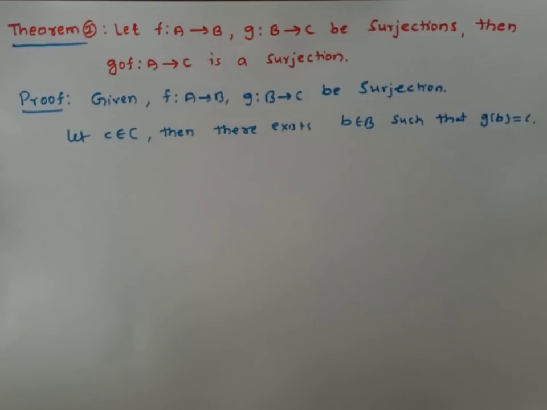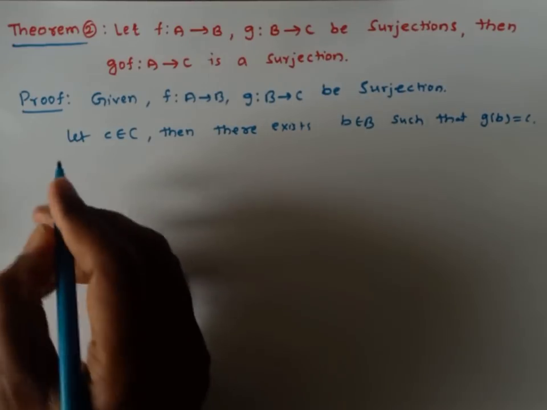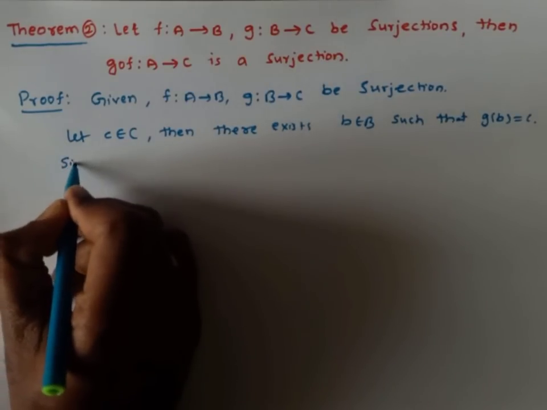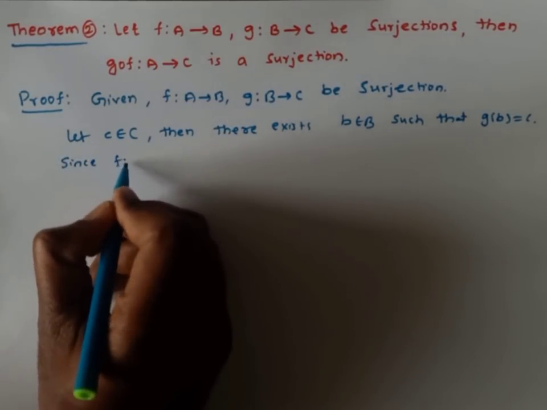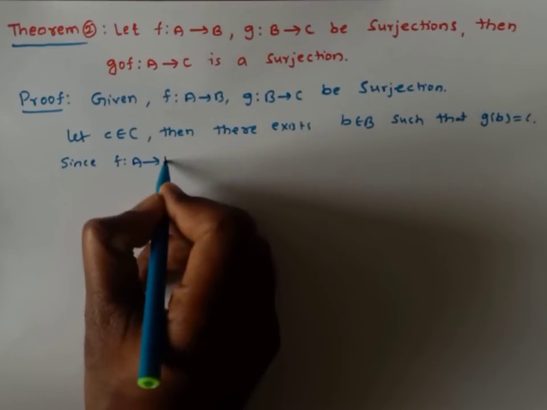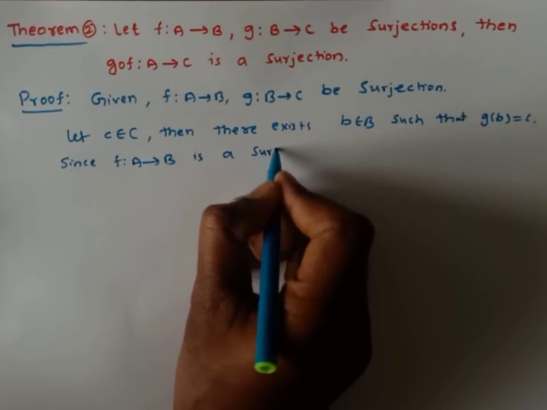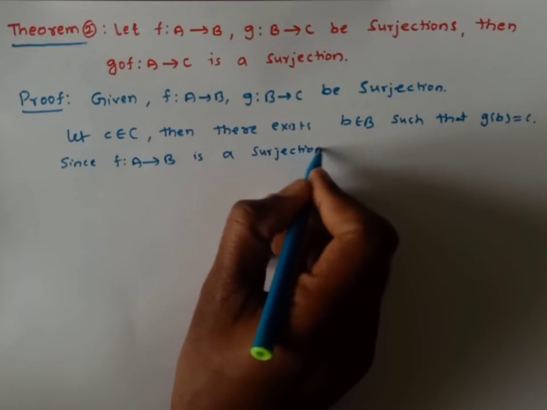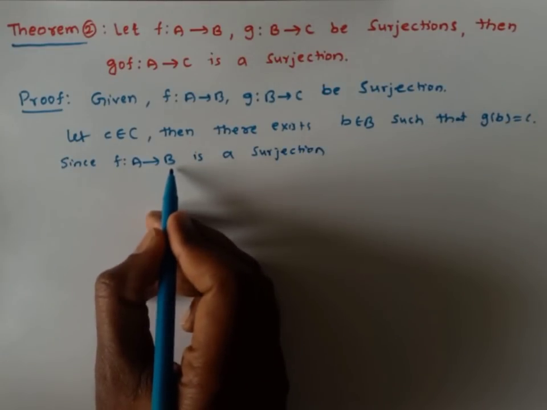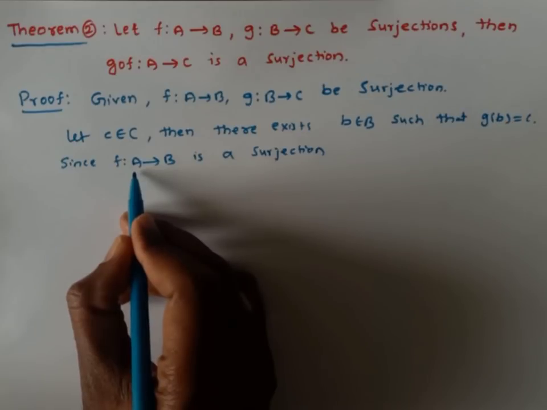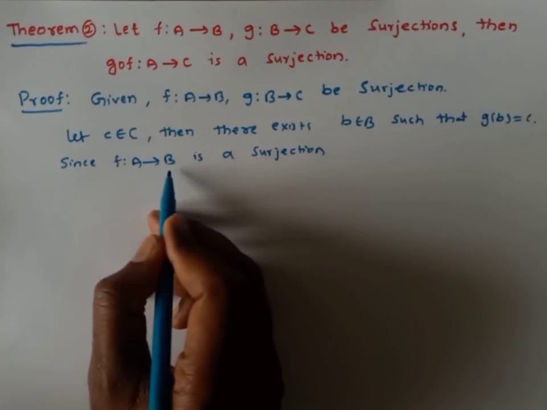So similarly apply the same definition for F. Since F from A to B is also a surjection, then what is the definition? For each B belonging to B, there exists an element A belonging to A such that F of A is B, right?